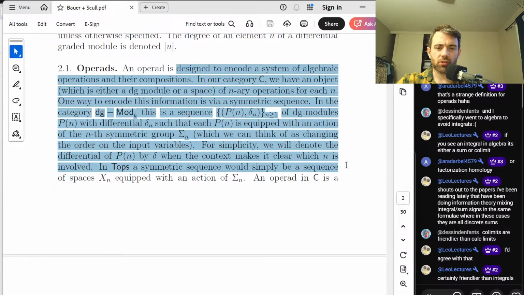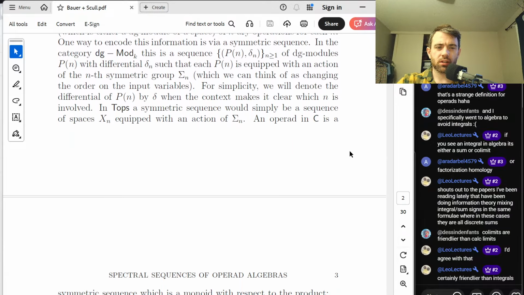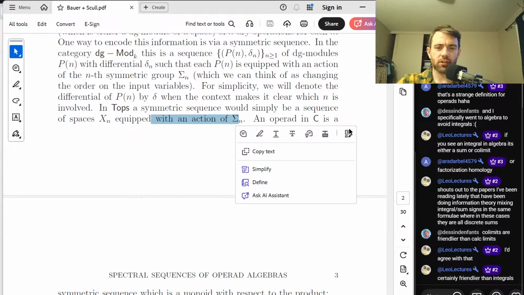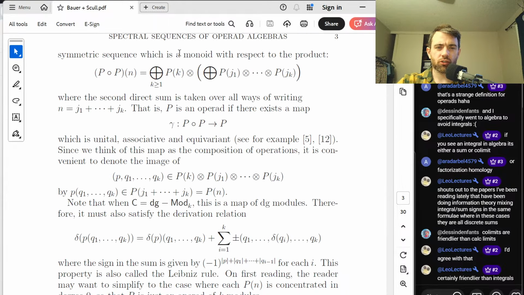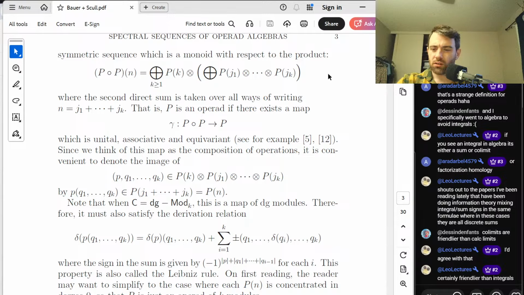In Top, a symmetric sequence would simply be a sequence of spaces equipped with an action. An operad is a symmetric sequence, which is a monoid with respect to... So I guess we're assuming that we have some monoidal category.